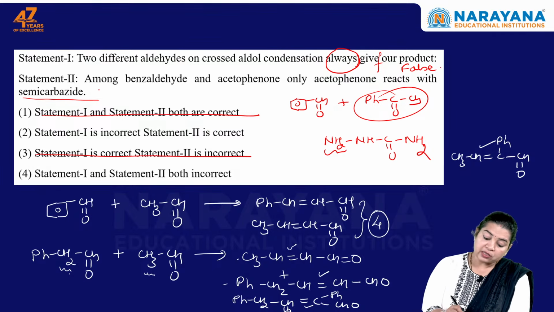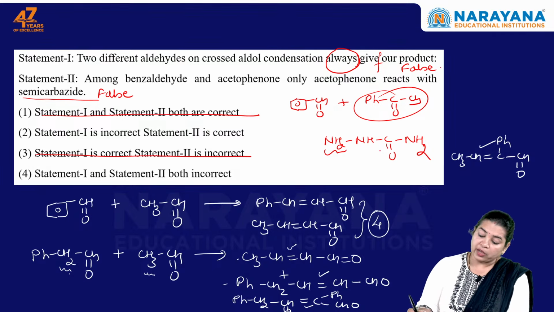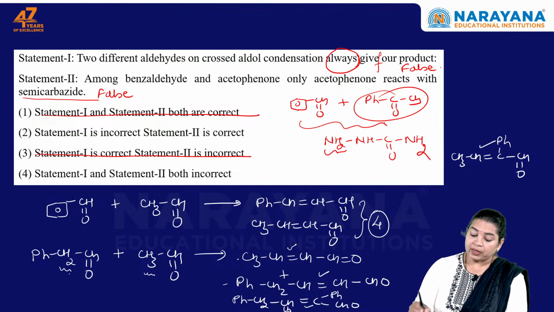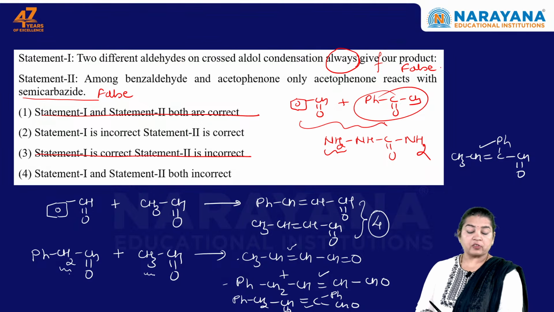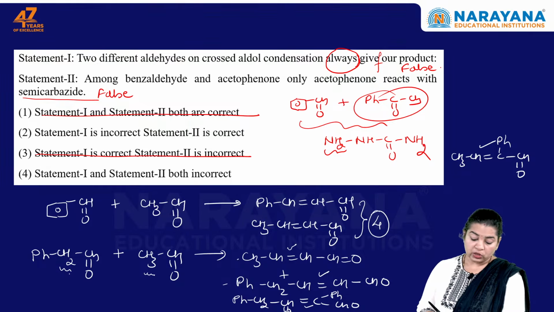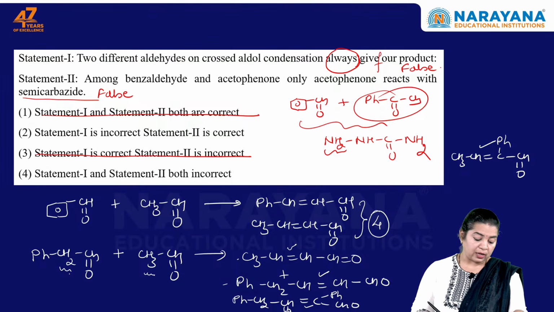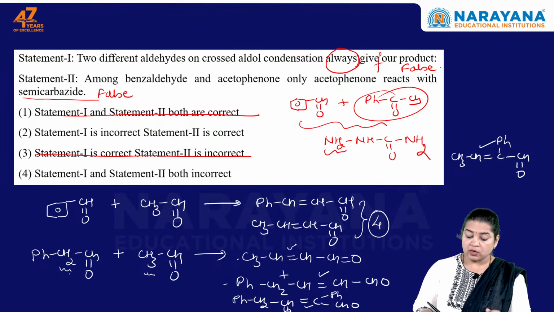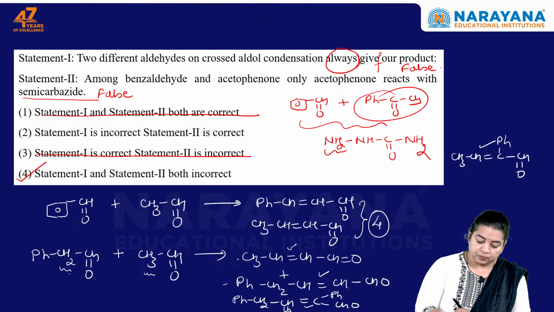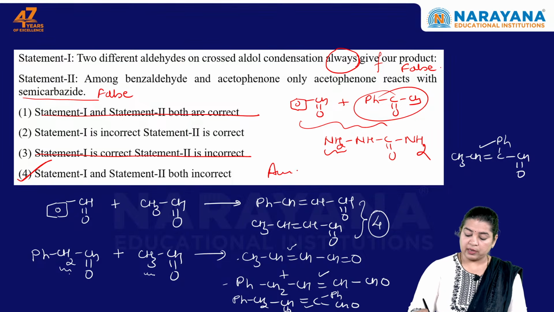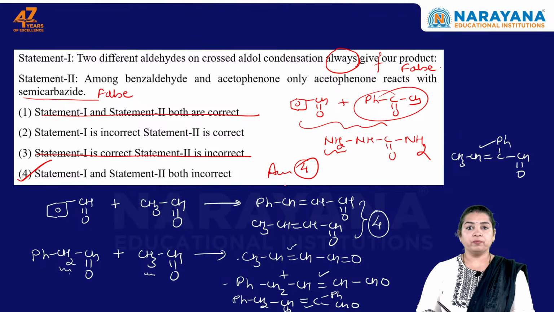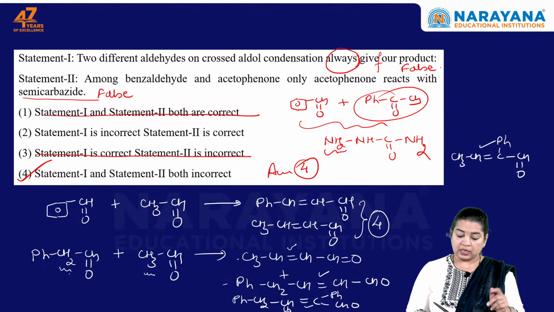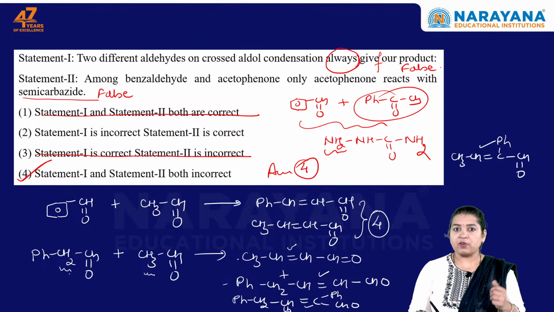So again it is an untrue and false statement, because why only this? Both of them can react with semicarbazide. So conclusion, both the statements are false, and if I take both the statements as false, the answer for this we will mark as 4, right? So these are our questions, waiting for more to come, and then we will share.